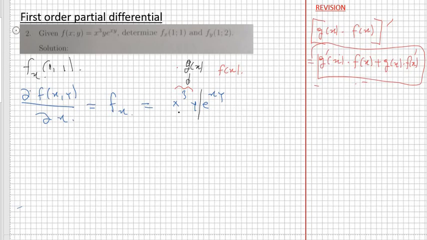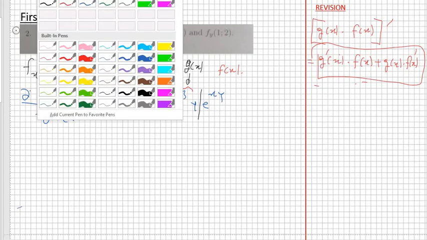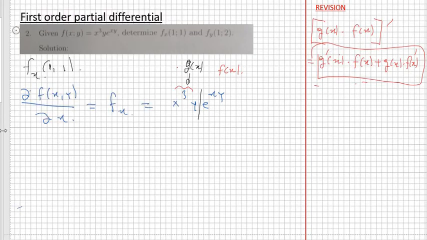So it means that I'm actually deriving the product of g of x multiplied by f of x. So all I need to do here is I just need to apply this formula.